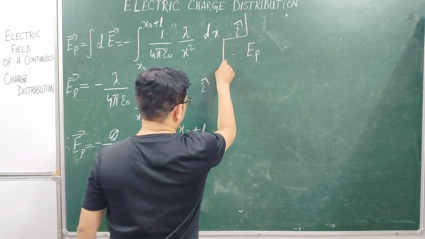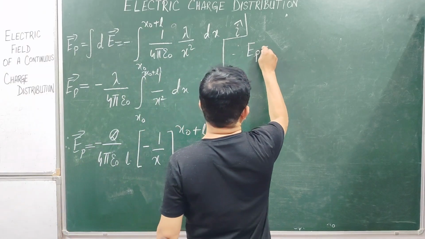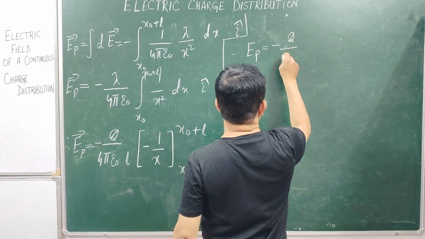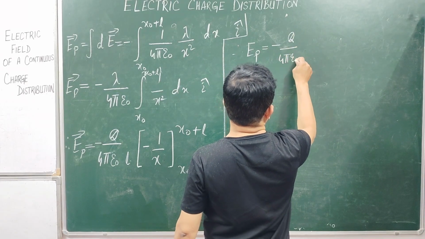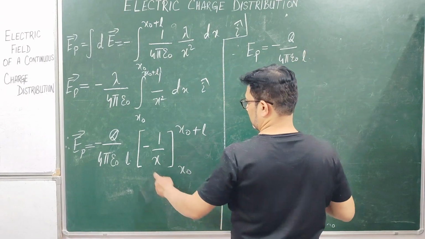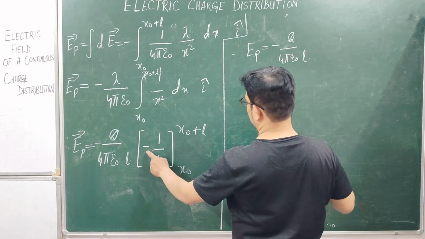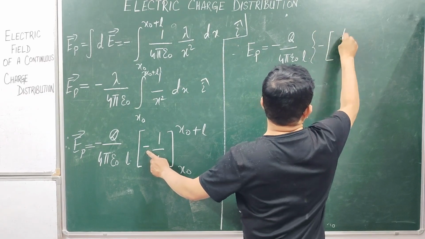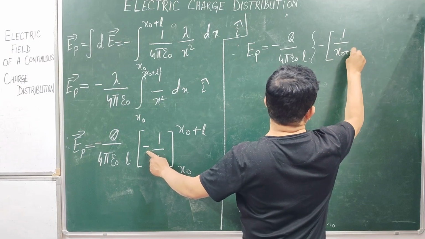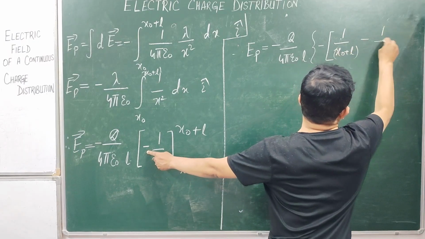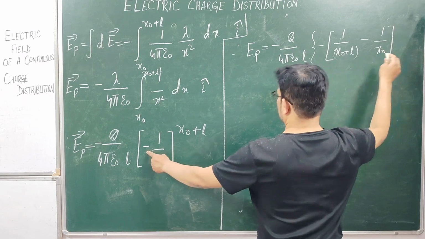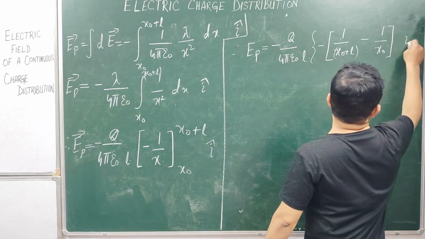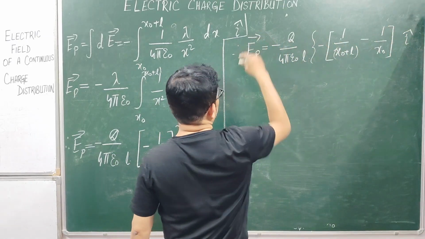Let me just demarcate this. EP is equal to minus Q by 4 pi epsilon naught L. All right, so here it comes out to be one by x naught plus L minus 1 by x naught. Okay, and don't forget I cap.